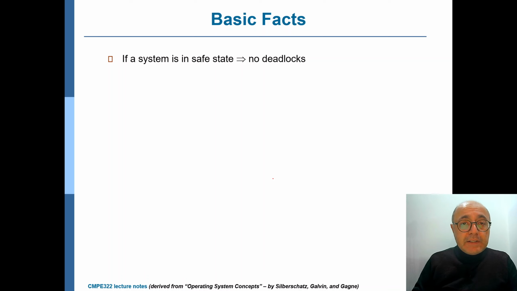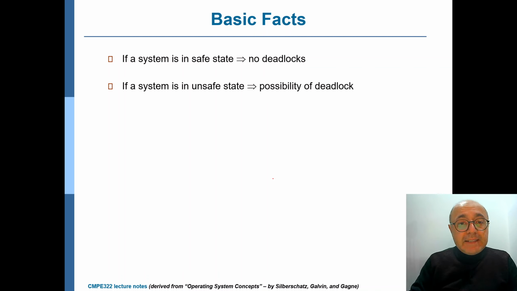The important thing is if any one of them takes us to the successful completion of all processes, that's good for us. So if we're in a safe state, we know there is such a sequence, therefore we're sure that there is no deadlock. None of the processes will be deadlocked.